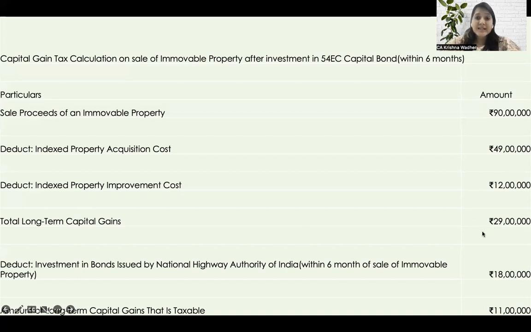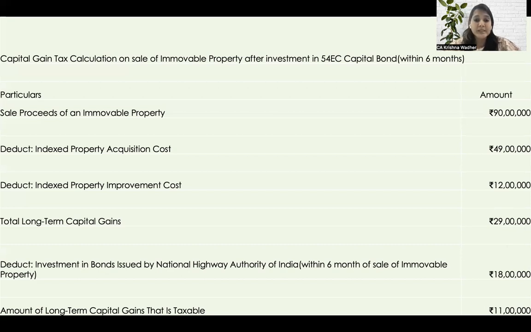Now on this 29 lakhs, Anshul has to pay tax. As we are aware, on any income you make, you have to pay tax to the government. Similarly, since this is a capital gain income, Anshul also has to pay tax on this 29 lakhs. However, there is a way to reduce the tax on 29 lakhs.